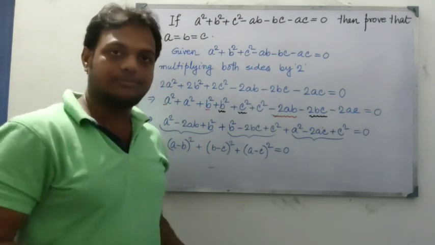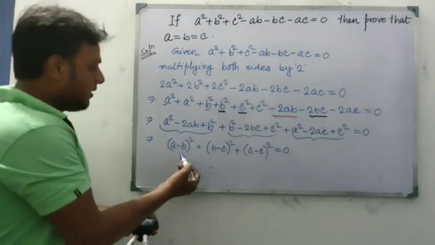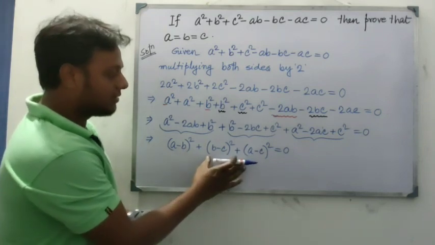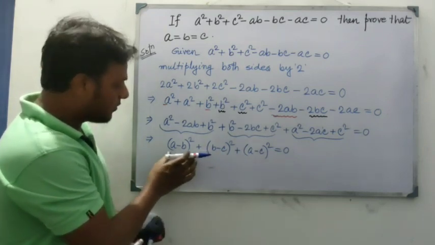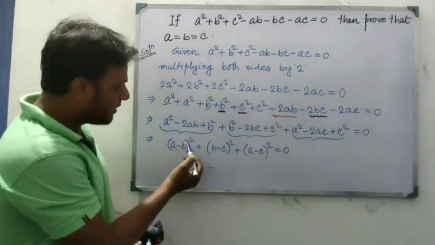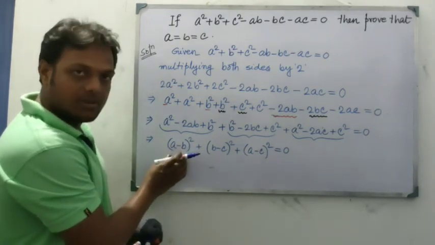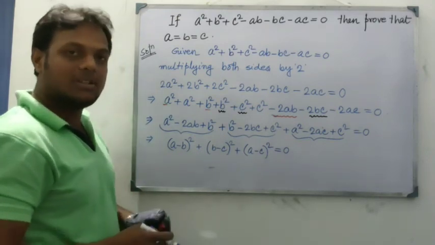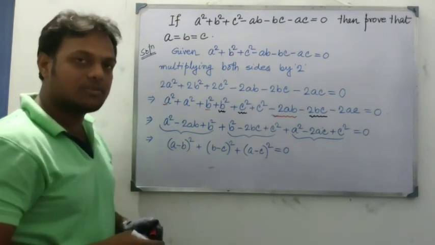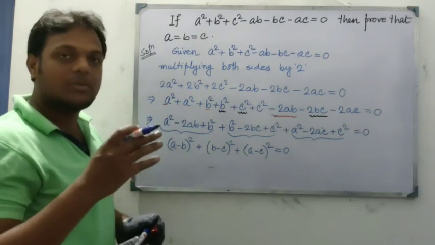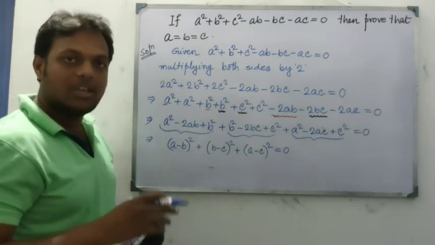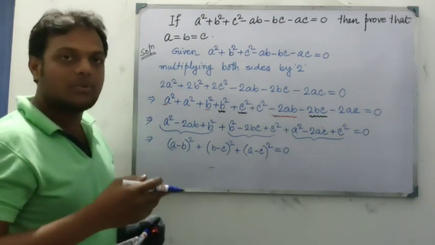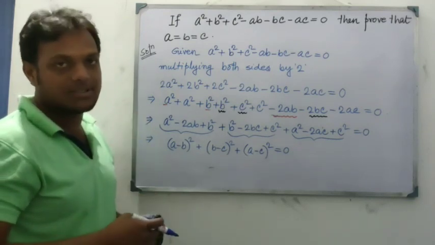Up to this understood? Now see this line. Here sum of squares. Since a minus b whole square is there, it can't be negative. If we consider square of any number, then it must be positive. Suppose 3 square means 9, positive. If we consider minus 5, then whole square, minus 5 whole square means 25 itself.